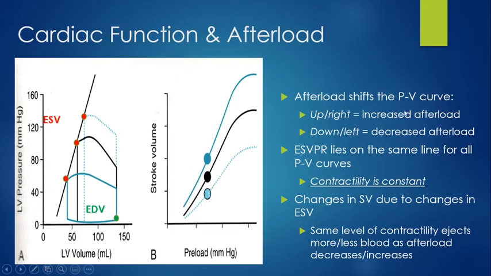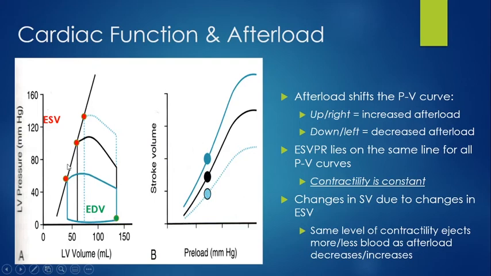And so if we see an increase in afterload, that's going to shift this volume pressure relationship up and to the right. And ultimately, then we're going to get a decrease in stroke volume as afterload increases. The opposite is true. If we decrease afterload, then we get an increase in stroke volume.